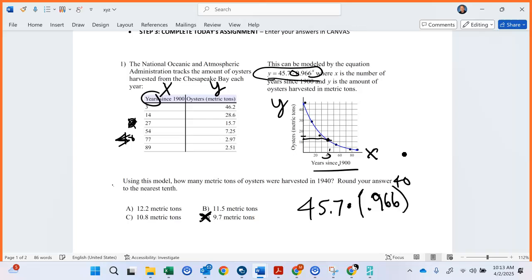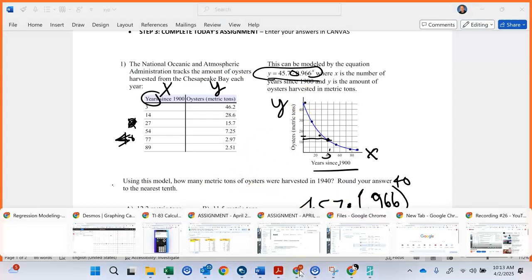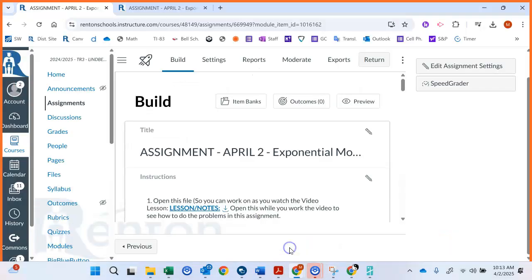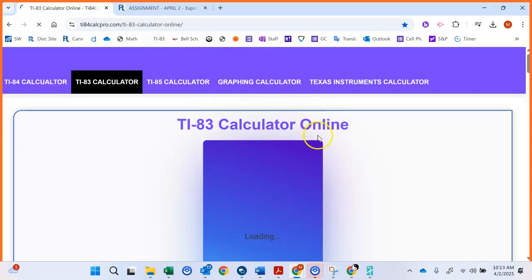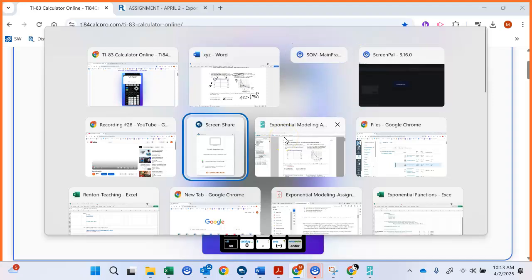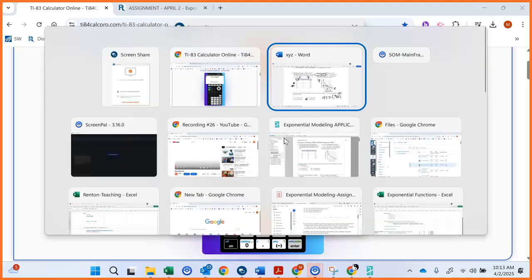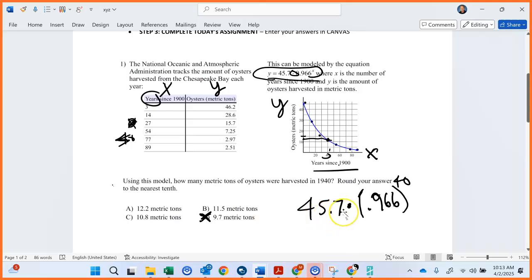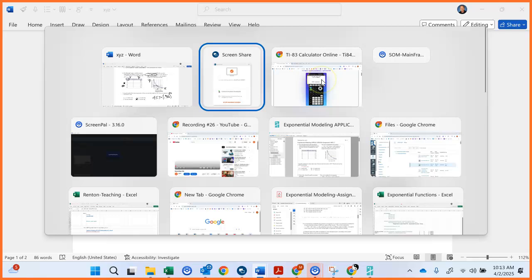Now we're going to have to take our graphing calculator and enter it in, so everybody please do that. Let me go ahead and get my graphing calculator. Okay, what were the numbers again? 45.7 and then 0.966.